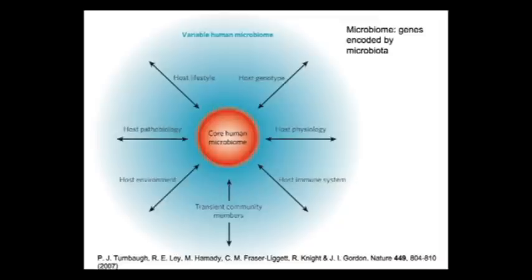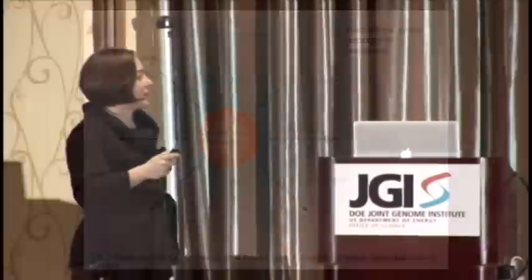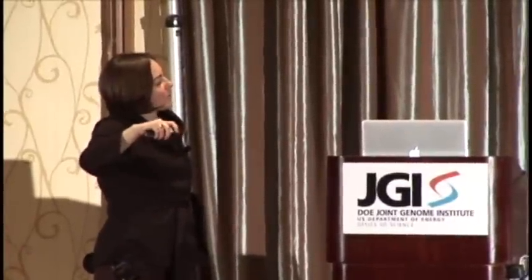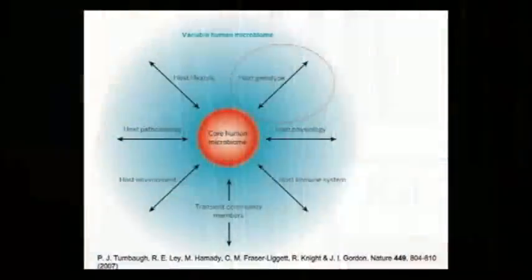But then there's this variable microbiome of lineages and genes that varies between people and varies between health and disease states, and that can be influenced by a number of things, from the host environment to the host diet to the host lifestyle to host health, and also potentially to host genotype. And the reason these arrows are all the same shape or the same size is that we really don't have a good idea of which ones are more important or how they interact or any of that.